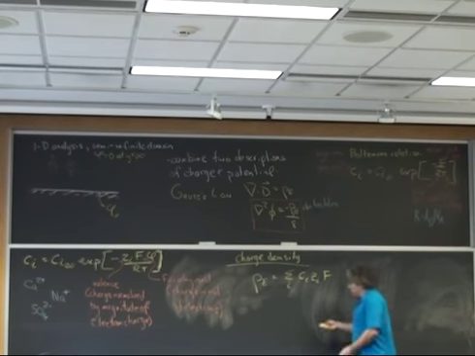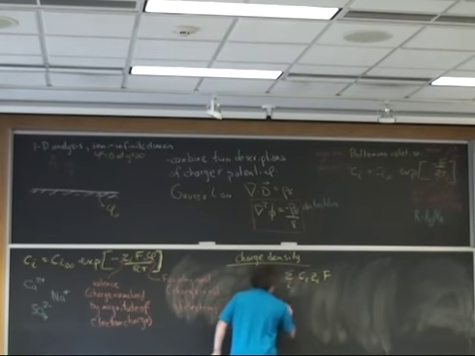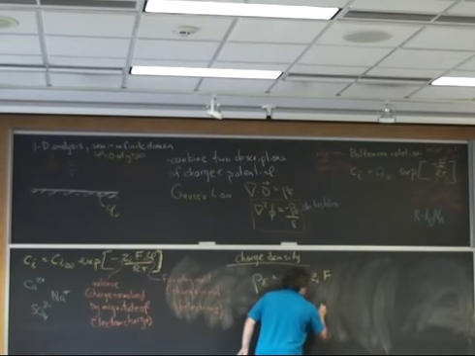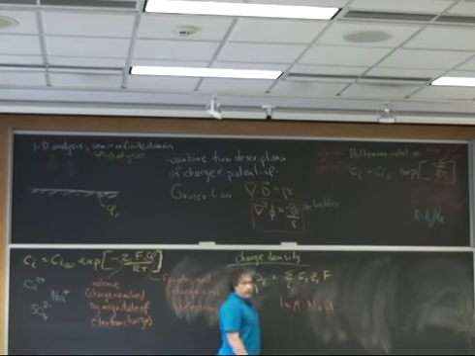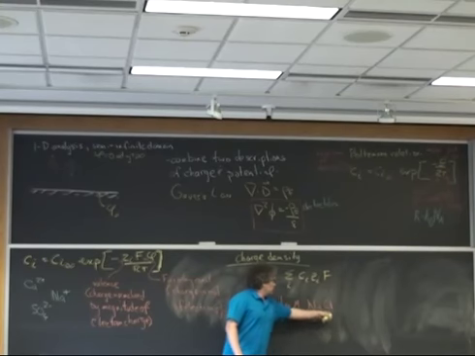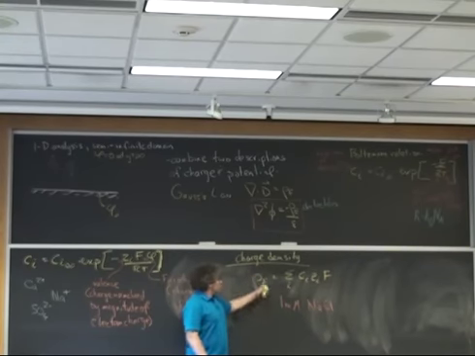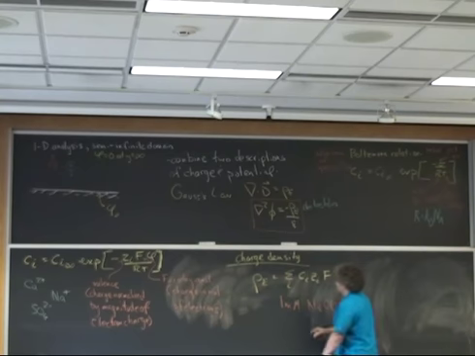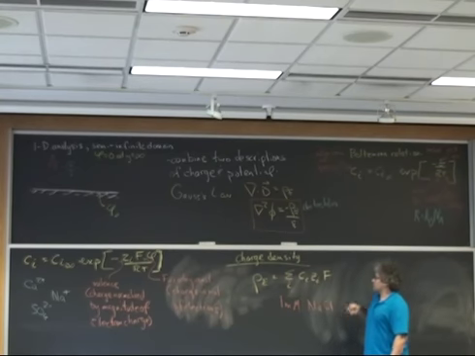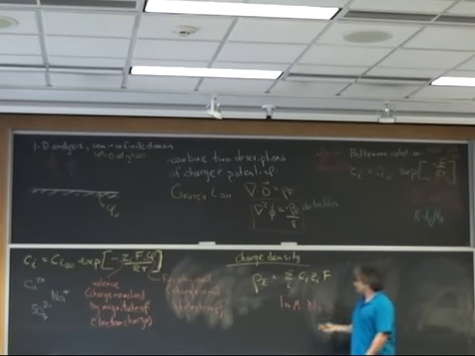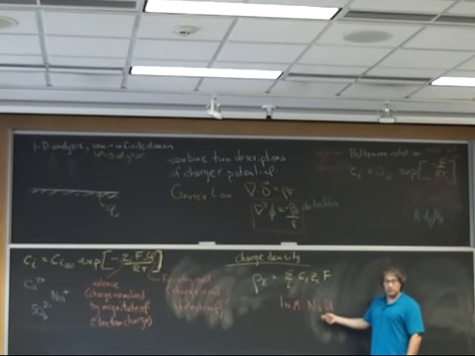So if I have a 1 millimolar sodium chloride solution, that would mean that I have a millimolar of sodium, a millimolar of chloride. When I add this up, I'm going to take 1 millimolar times 1 times the Faraday constant plus 1 millimolar times minus 1 times the Faraday constant, and I'm going to get that the net charge density of this solution is equal to 0.